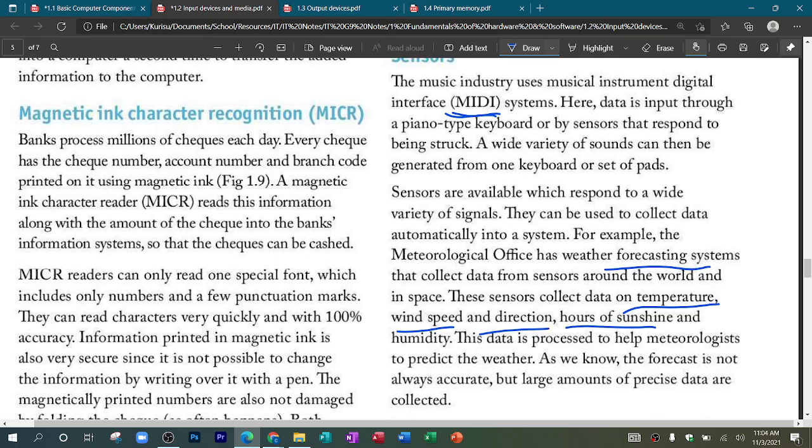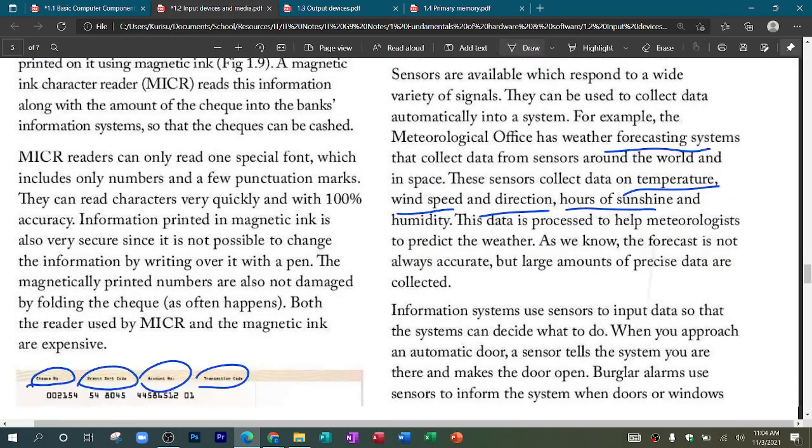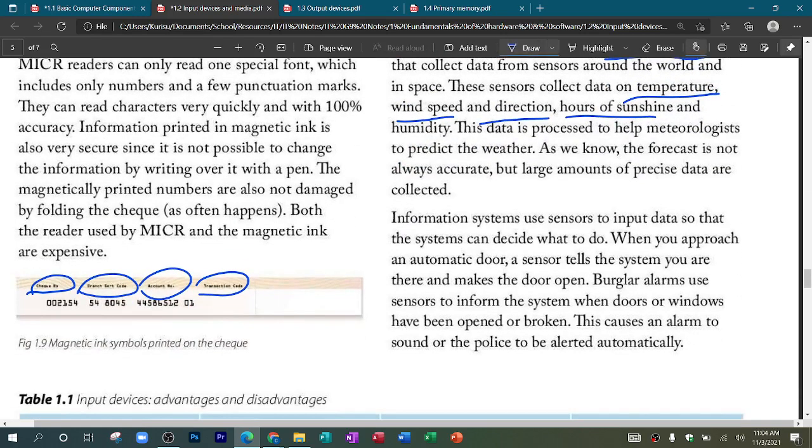There's one for detection of intrusion, automatic doors opening, burglar alarm systems. Those all use sensors to track a person, input the data and make a decision with that data.